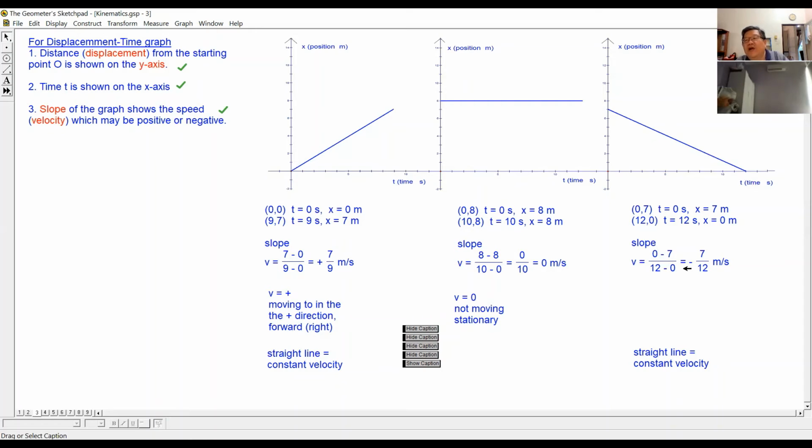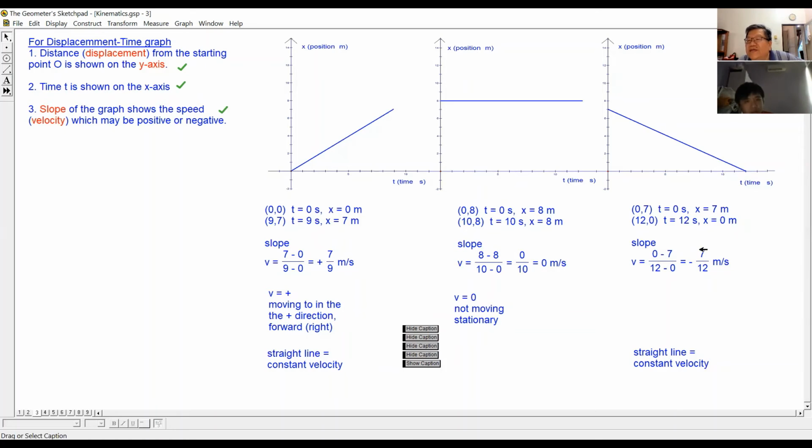Well, we try to find the slope of this line. So I use 0 minus 7, the y coordinate minus y, then 12 minus 0, the x coordinate minus the x coordinate. Now 0 minus 7 is negative 7, 12 minus 0 is 12.